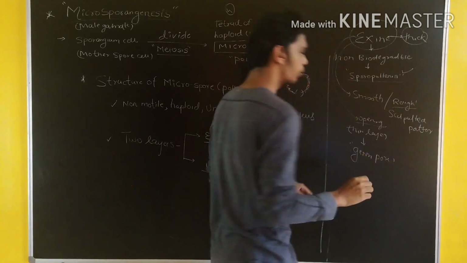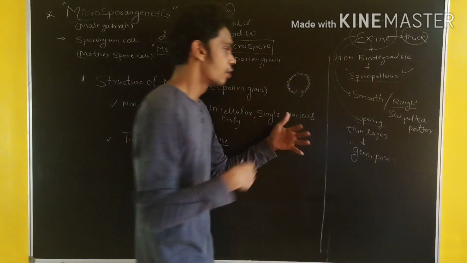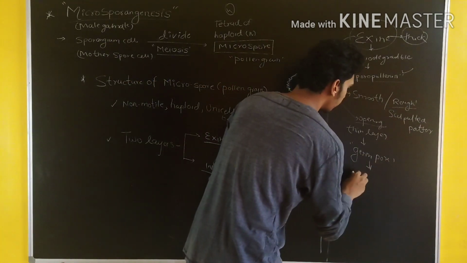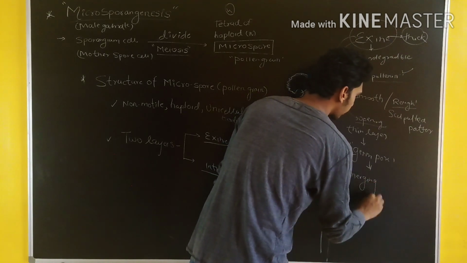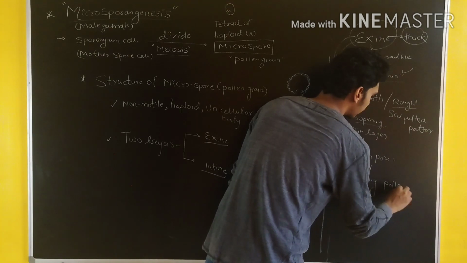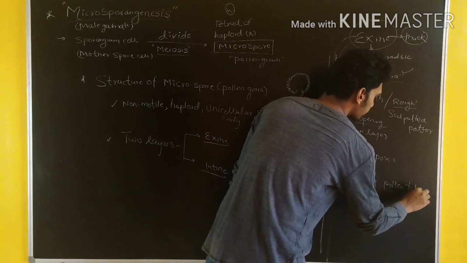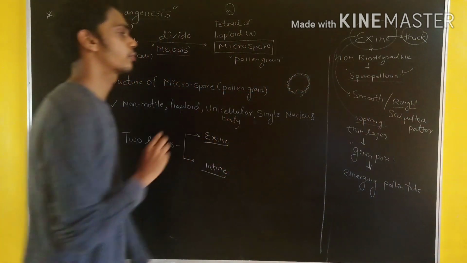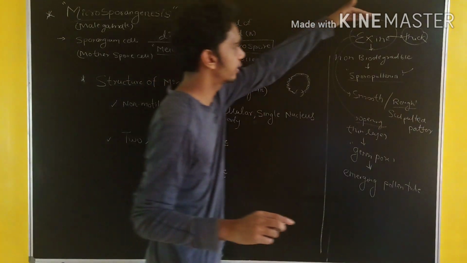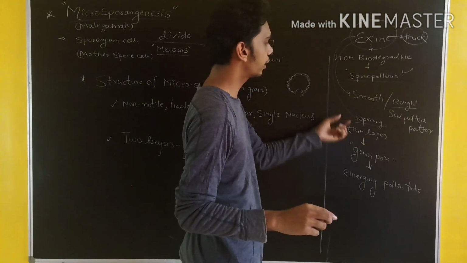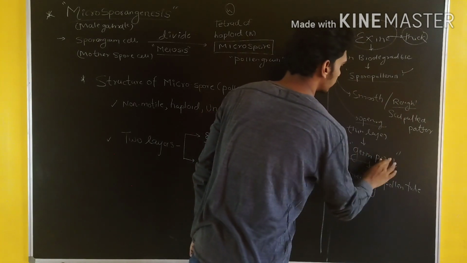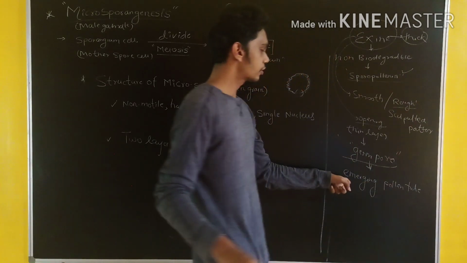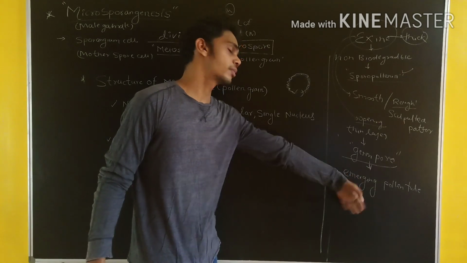This germ pore is responsible for the emergence of the pollen tube. Emerging means what? What comes out from there? The pollen tube comes out, and that pollen tube transfers the male gametes. So exine is very thick, but sometimes the opening becomes a little thin. That thin part is called a germ pore, which is responsible for the emergence of the pollen tube.